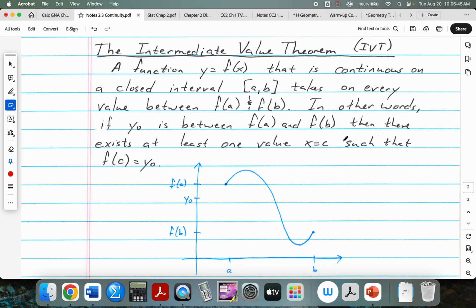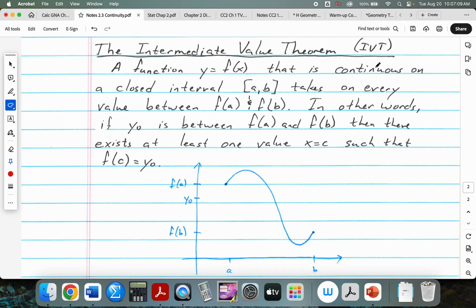So, here is the intermediate value theorem. Frequently it gets abbreviated IVT. This is one of three existence theorems that we do. This guarantees that something exists. It doesn't tell you how to find it or where, but it says something's going to exist.